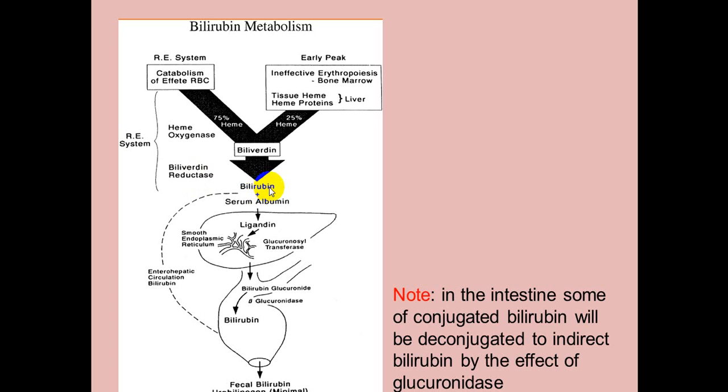The bilirubin, which is now indirect bilirubin, is lipid soluble, so it should bind to albumin in the serum to be carried to the liver. If the indirect bilirubin remains free in the serum, this is dangerous. It poses dangerous effects on the neonate and might cross the blood-brain barrier.